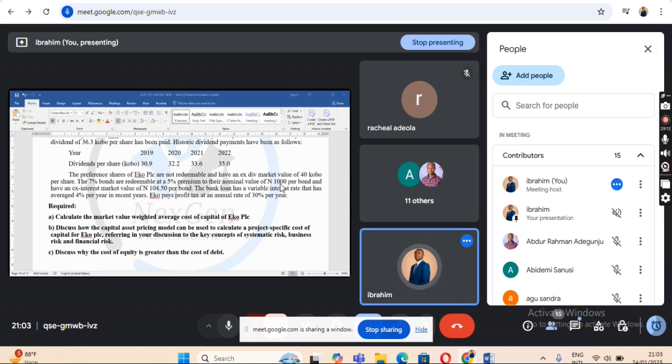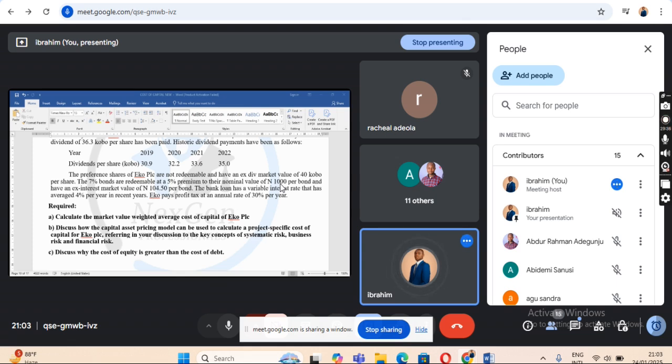Now, I will give you an instance. What is nominal value? Nominal value is the face value of a bond, just like a principal, which is 1,000.